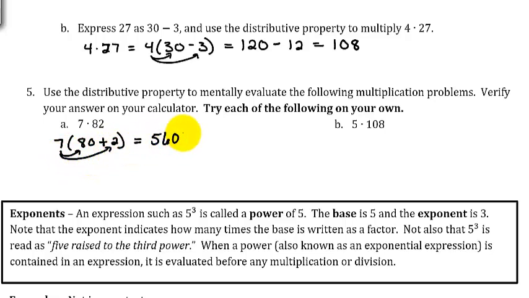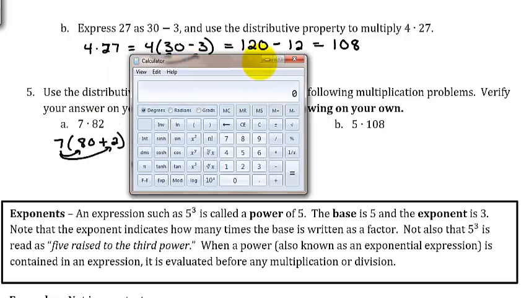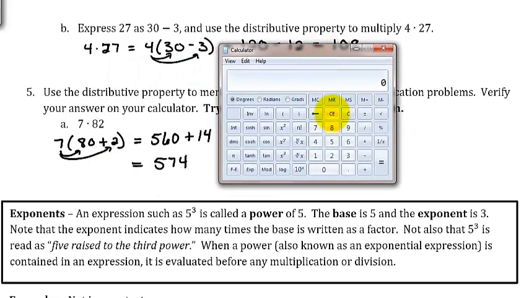And 7 times 2 gives us plus 14. And when you add 560 and 14, you get 574. And now I'm just going to check that on my calculator to make sure that that's really true. So I want to do 7 times 82. And I do in fact get 574.